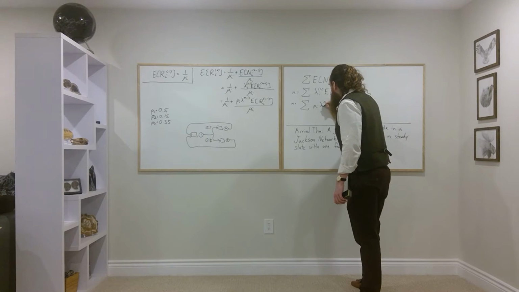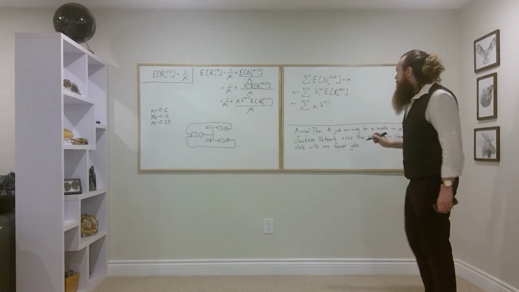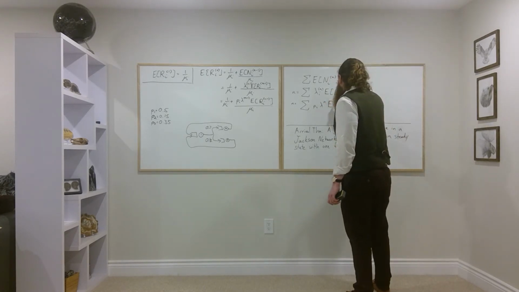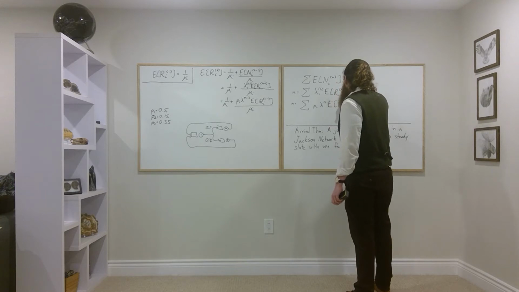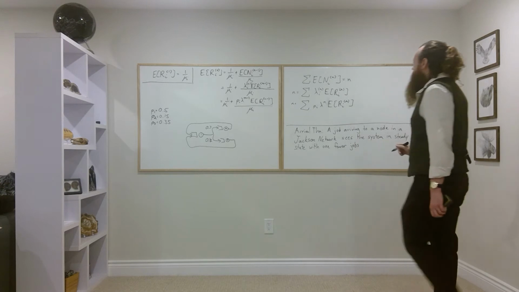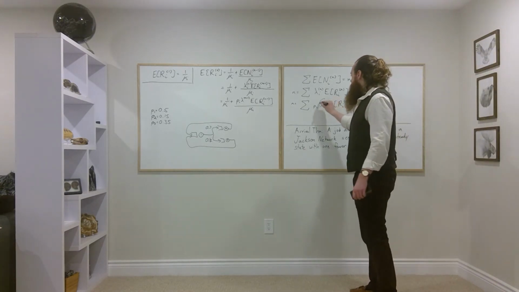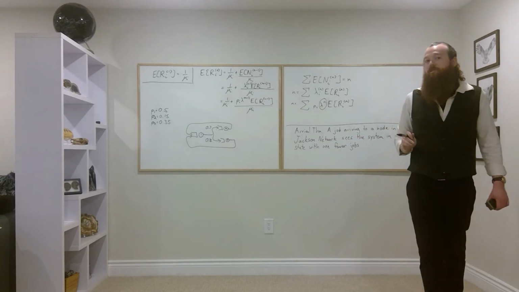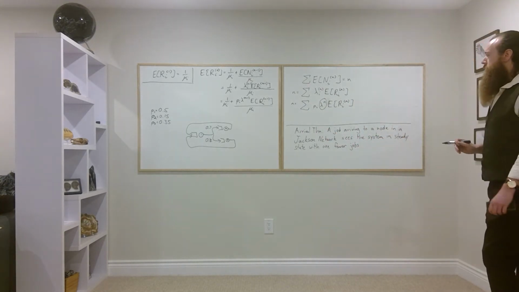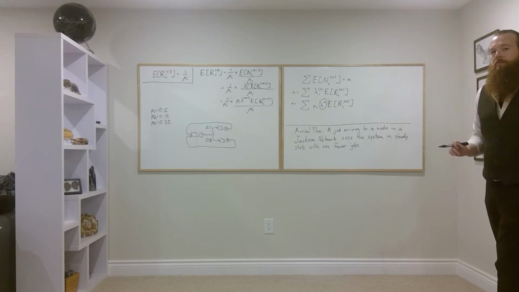This is the total arrival rate to the system times the expected response time. Okay, look at this. It doesn't depend on i. What does that mean? I can rip that sucker out of the sum.